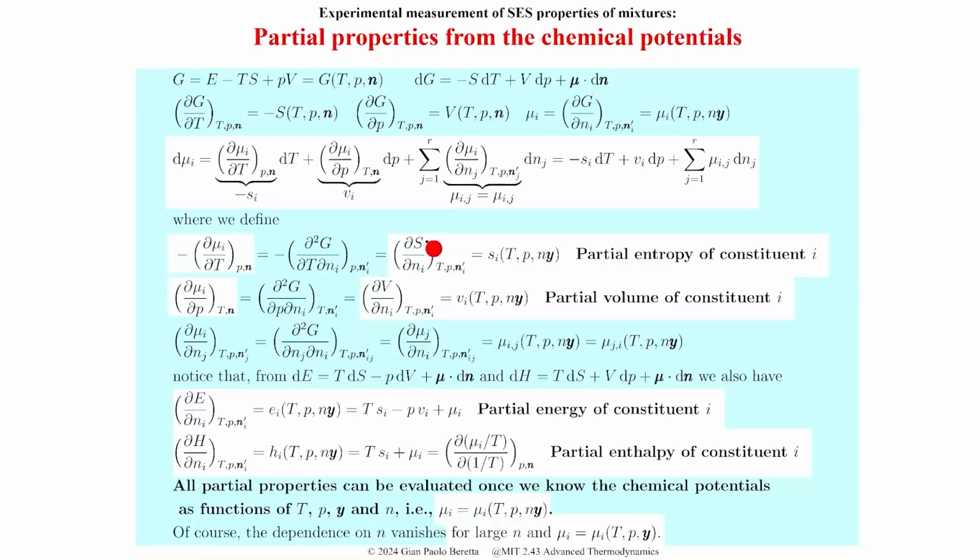In any case, this says how much the entropy changes if, while keeping temperature and pressure fixed and also the various amounts, I add a little bit of one substance. This is why it takes the name partial entropy. It's the contribution of that constituent to the property of the mixture.